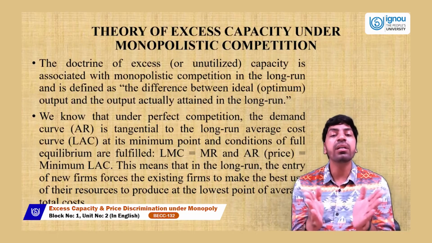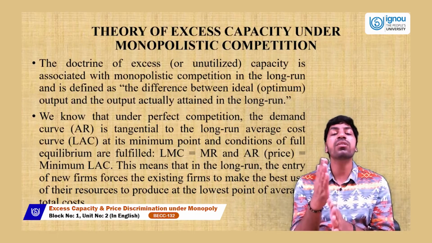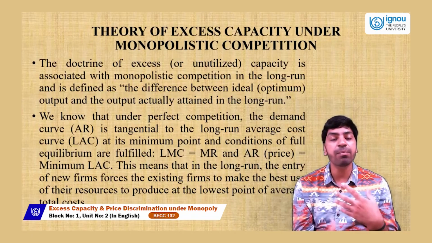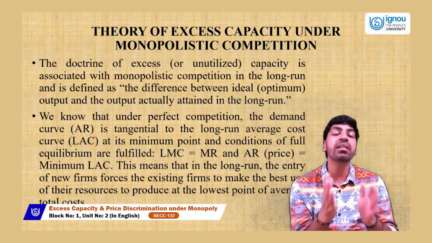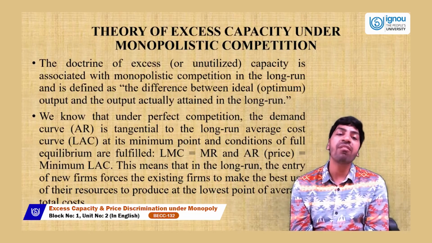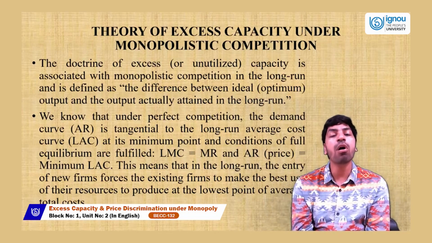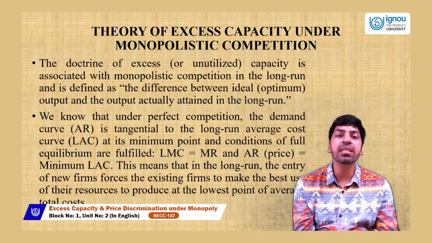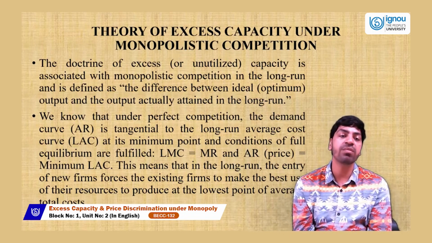So in the long run, it always insists that existing firms use their best resources so that products can be produced at the least cost, which is equal to the minimum average total cost. This is how the excess capacity concept works.